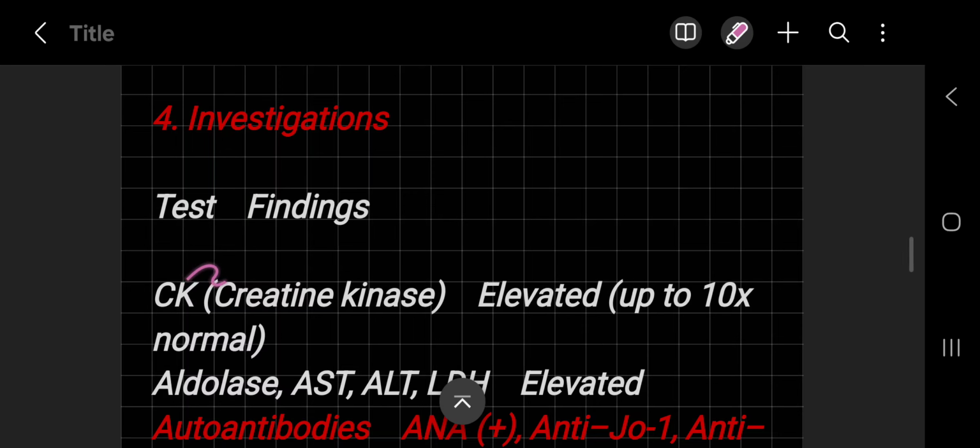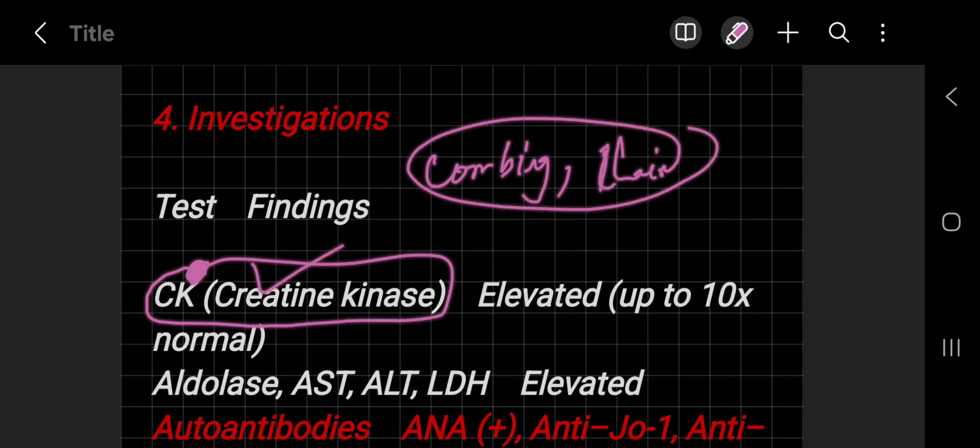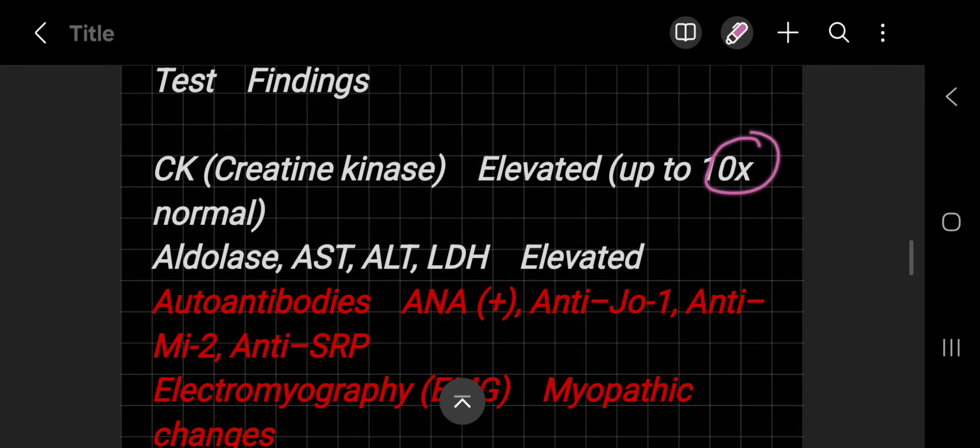Investigations. You should go for creatine kinase. If the patient comes to you and he has difficulty in combing hair and lifting him or herself from a chair, then you can go for creatine kinase and check if it is elevated up to 10 times normal. And aldolase should also be done.